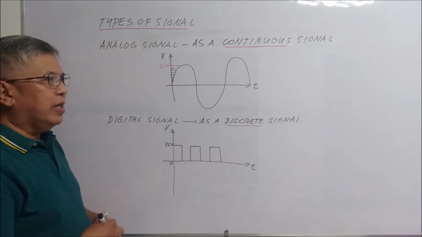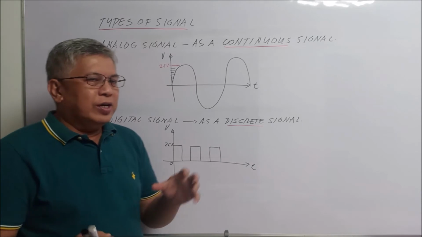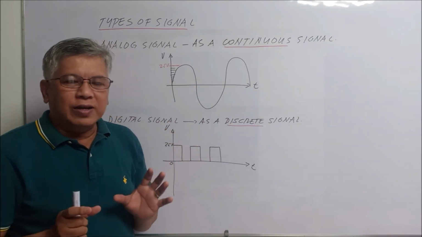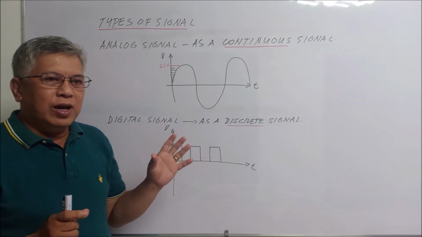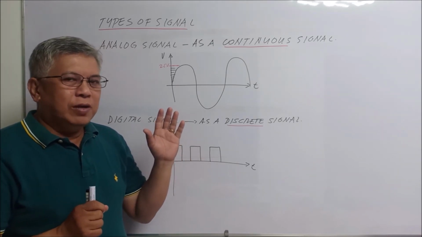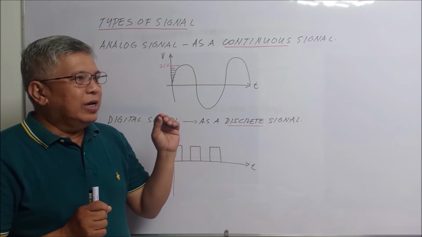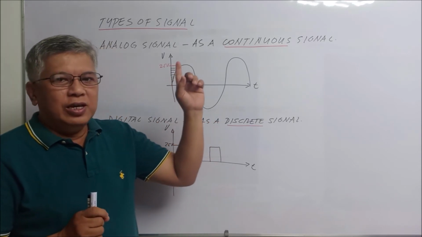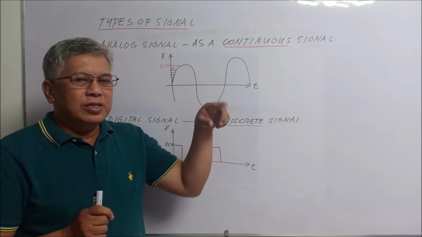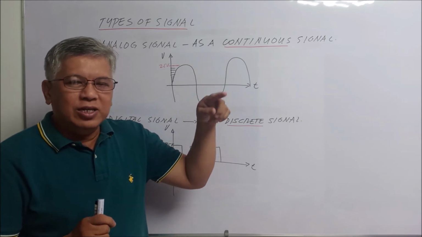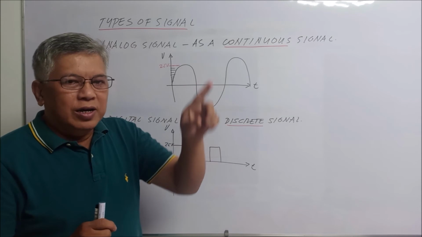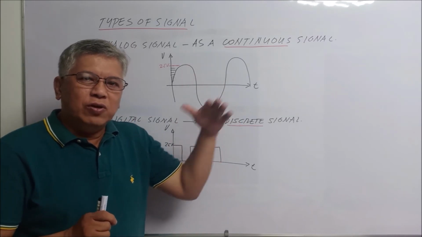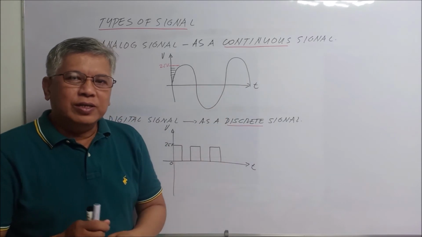Just like in your clock, you have an analog clock and you have a digital clock. In an analog clock, when you want to read a particular time, the second hand will be revolving and it keeps on changing the value of the time.